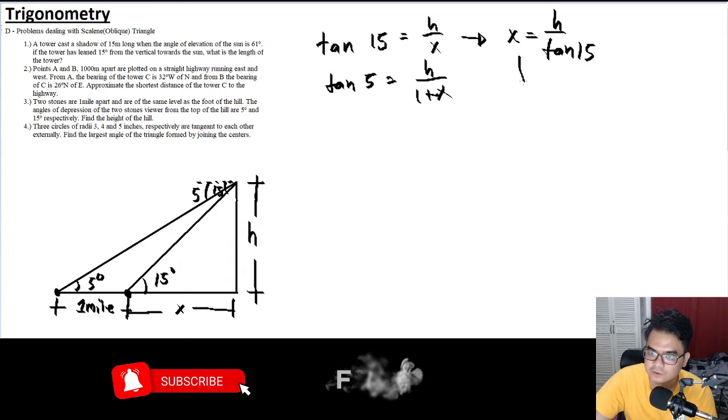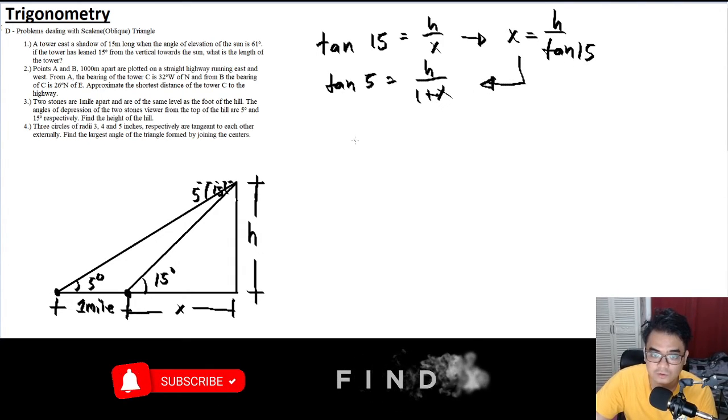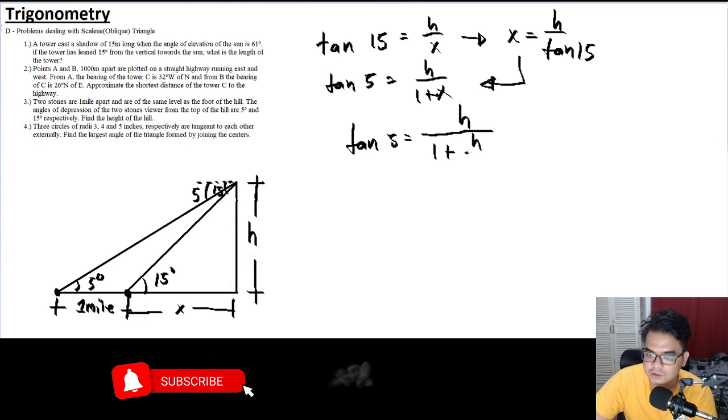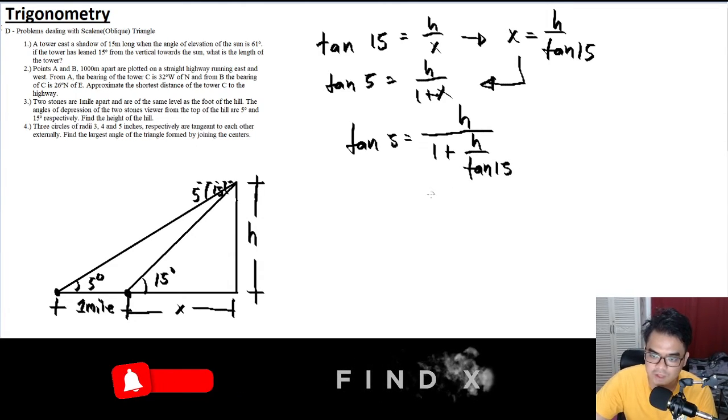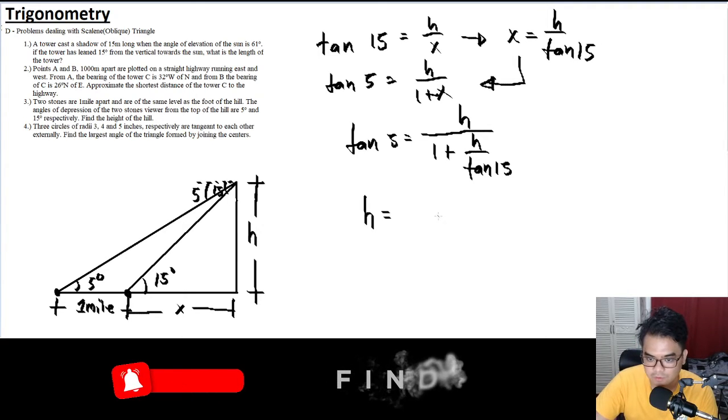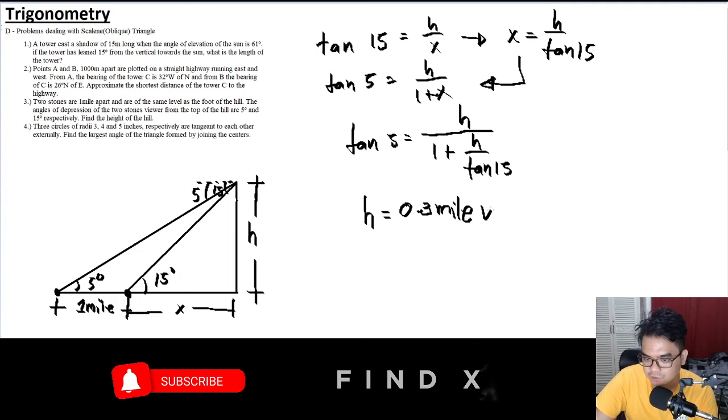And then this one, substitute it here. So you'll have tangent 5 is equal to h over 1 plus h over tangent 15. Okay? So if you find the value of h here, the height of the hill is 0.3. So we got 0.3 mile. So this will be your answer.